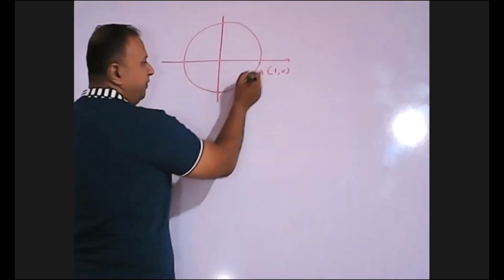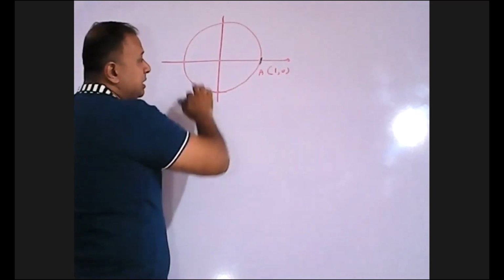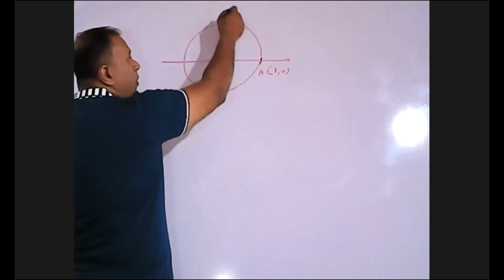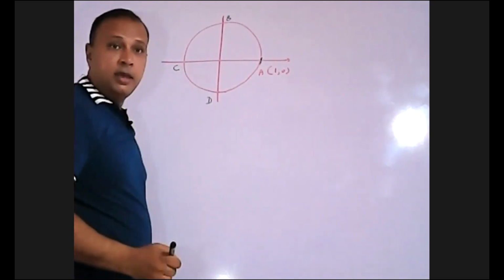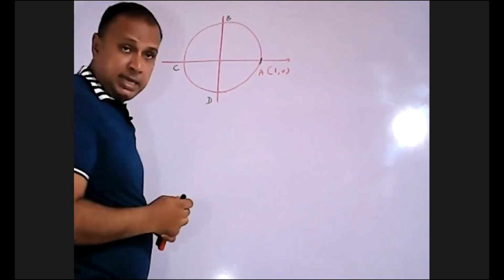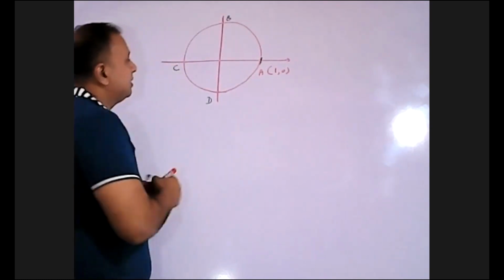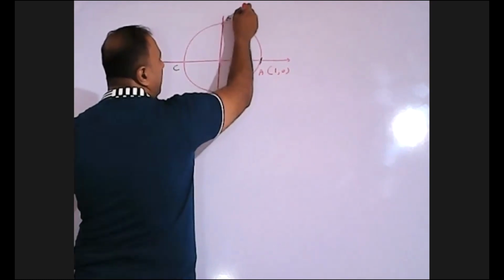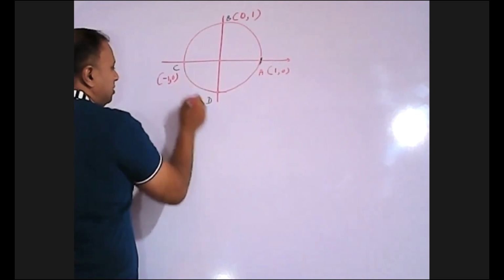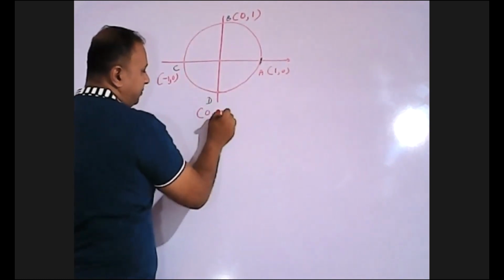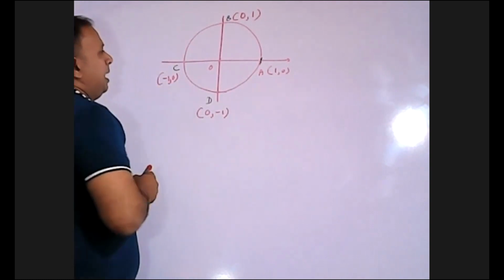Because if it is an integral multiplication, that angle corresponds to point A or point B or point C or point D. And we know the Cartesian coordinates of these points. This one is 0, 1. This one is -1, 0. This is 0, -1.